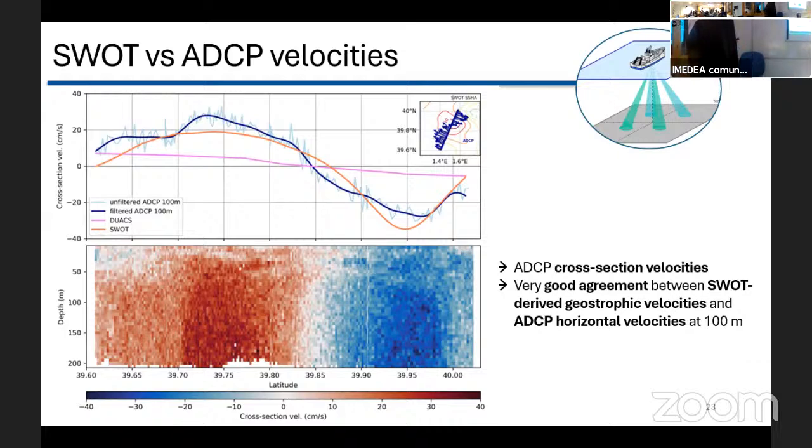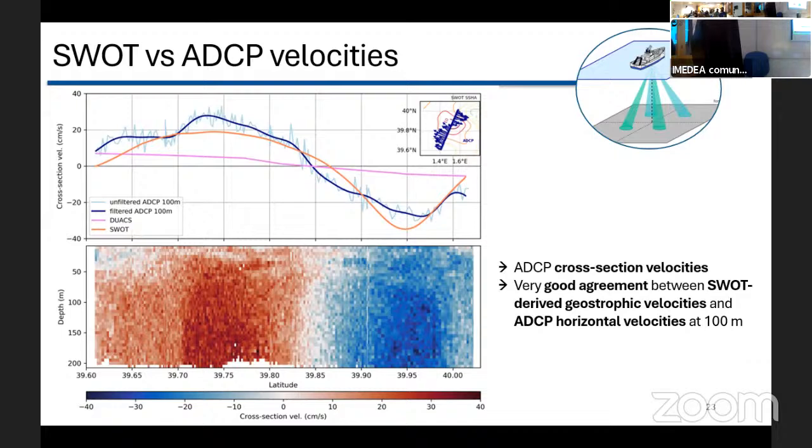Here we have this transect crossing the eddy, and the first thing that we see is this change in the direction of the arrows, which indicates that it is clearly an anticyclonic eddy. And in this same transect, down to a depth of 200 meters, we can again see this change in the sign of the velocities.